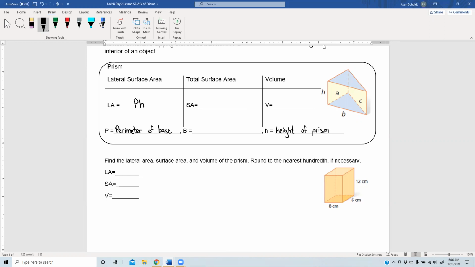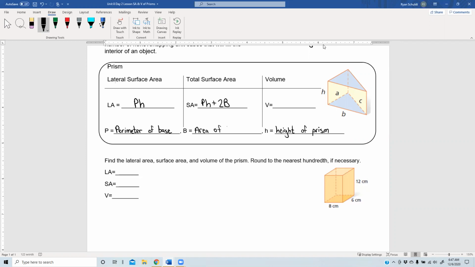Surface area will be PH plus 2B. So lateral surface area is just PH because we just want the area of the sides of the prism. Total surface area, we want to include the bases too. So that's why we include 2B. B is the area of the base.